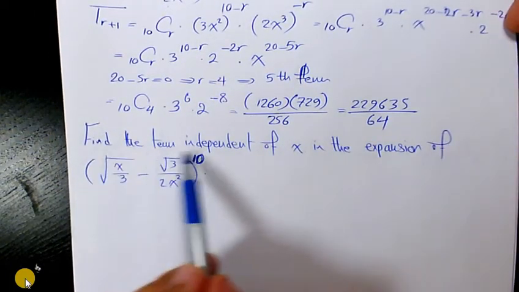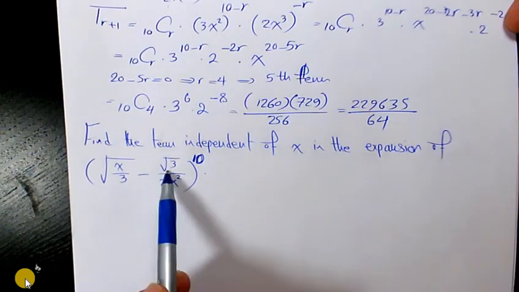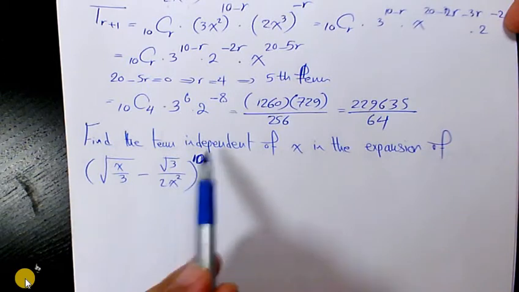Next one. Find the term independent of x in the expansion of (√x/3 − √3/(2x²))^10.